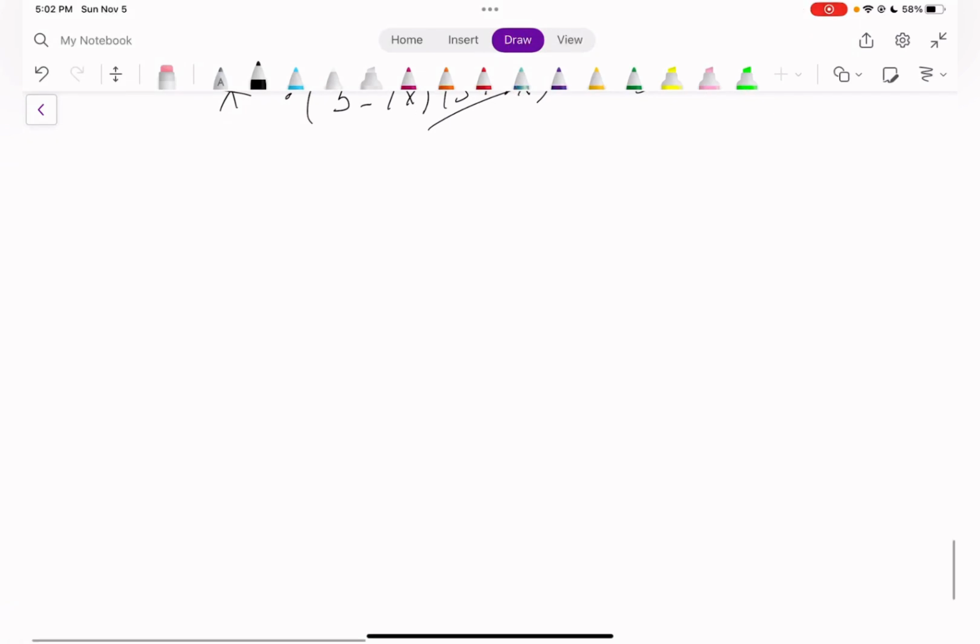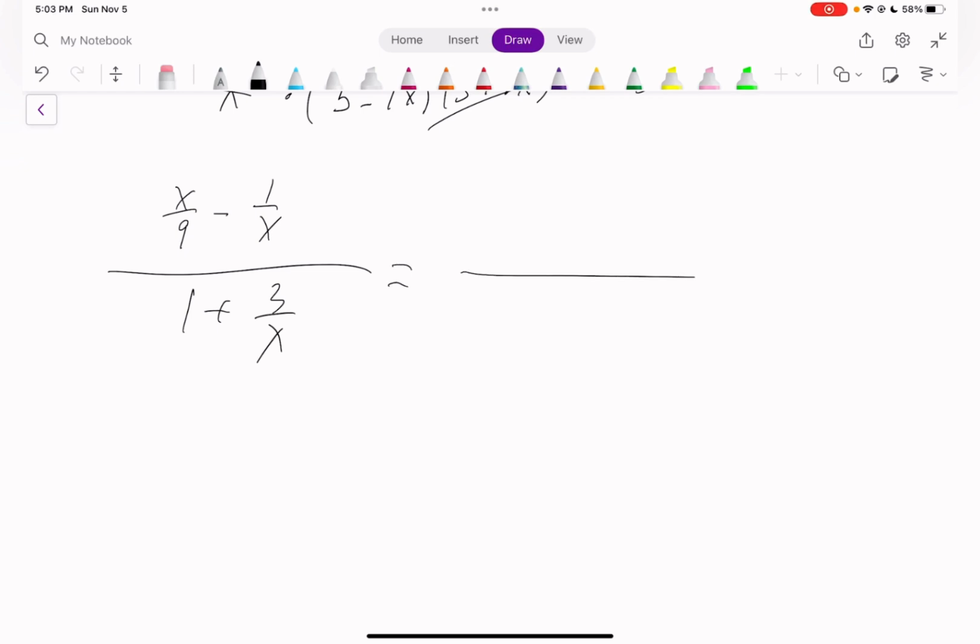X over 9 minus 1 over x, 1 plus 3 over x. So we solve same way. I'm just going over. This is 9 and x, here multiply by x, here multiply by 9, and here x and x, right?